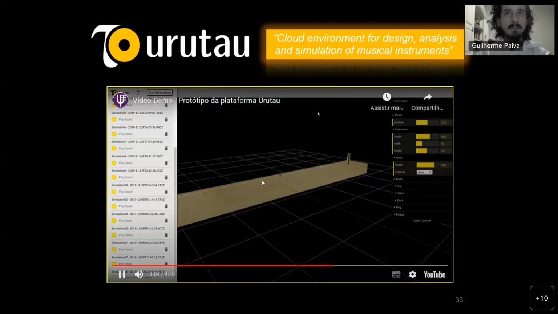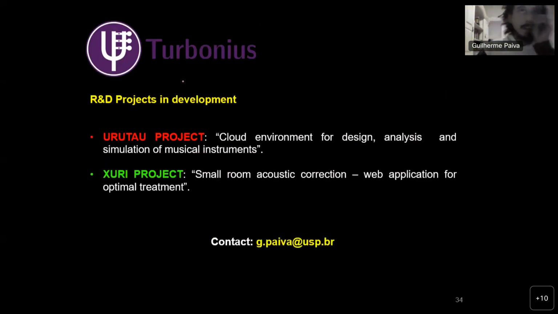Okay, I think it's enough. So, as I said, this project is in development at the Turbonius startup. We also have the Shuri project, which is a web application for optimal treatment in small room acoustics.